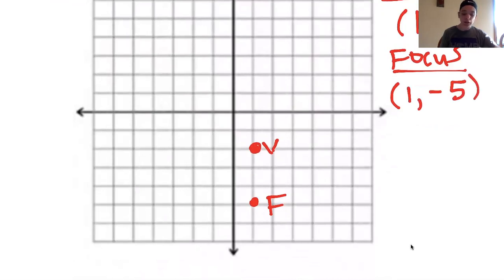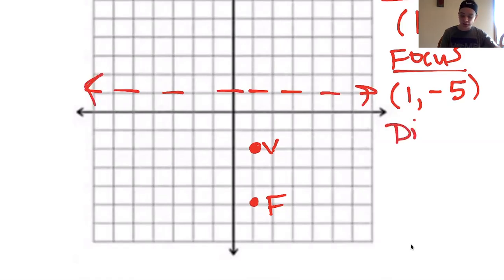Okay. Then our directrix is p units from the vertex in the other direction. So since we went down for our focus, we are going to go up 3 units and draw a dotted line perpendicular to that axis of symmetry.